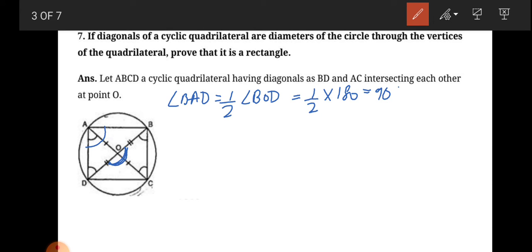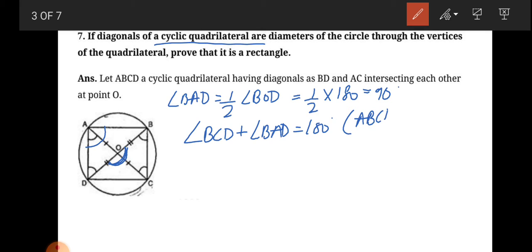Now, as ABCD is a cyclic quadrilateral, the sum of opposite angles is 180 degrees. So angle BCD plus angle BAD is equal to 180 degrees, as ABCD is a cyclic quadrilateral.